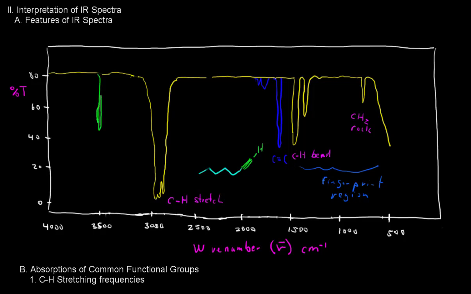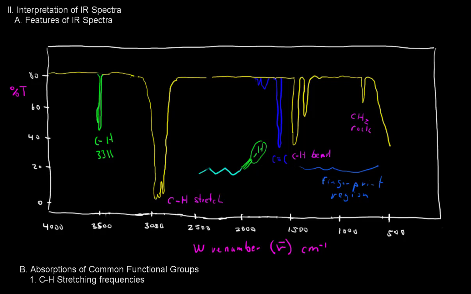We see a fairly strong, actually a moderate peak at about 3311. And so the sp hybridized carbon-hydrogen stretching frequency is the highest of all of these.